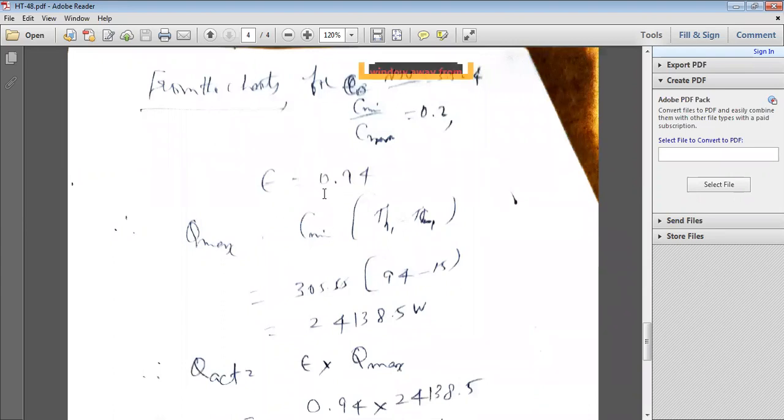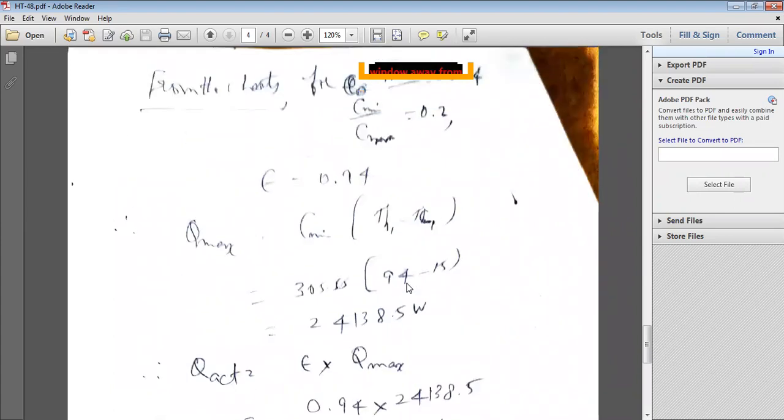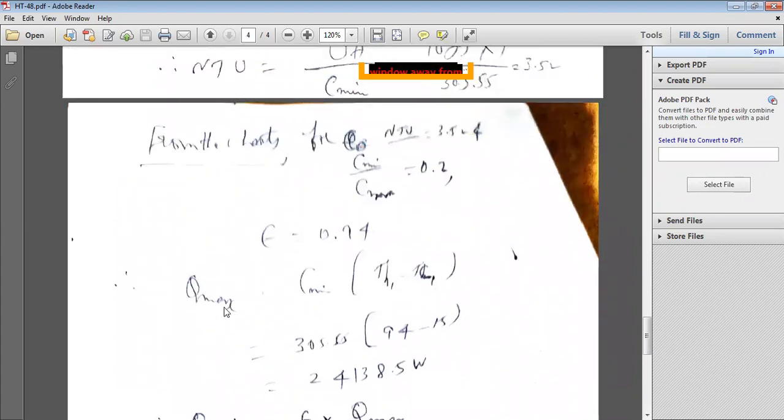Okay, now once you got the effectiveness, you can calculate Q actual by multiplying the effectiveness with the Q max. That's why first again you have to calculate the maximum heat transfer rate Q max.